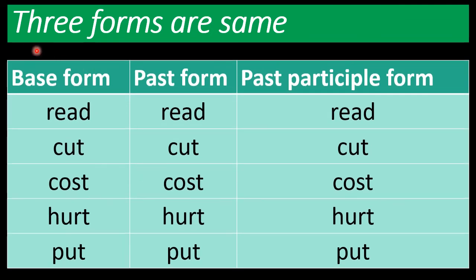Now we will look at some examples where the three forms are the same. Base form read, past form read, and past participle form read. I mean, the three forms are the same. The following verbs have the same forms: cut, cut, cut, cost, cost, cost, hurt, hurt, hurt, etc.